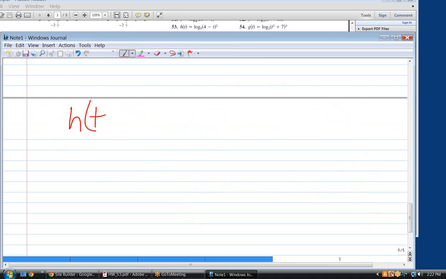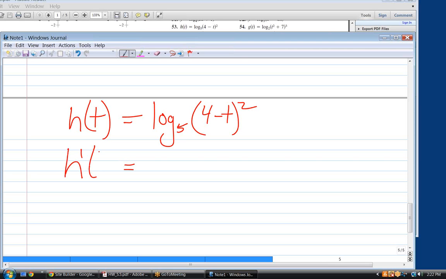H of t equals log base 5 of 4 minus t squared. And then, see, what would I do first? Okay, let's look at what the derivative of log base a of u with respect to x is.